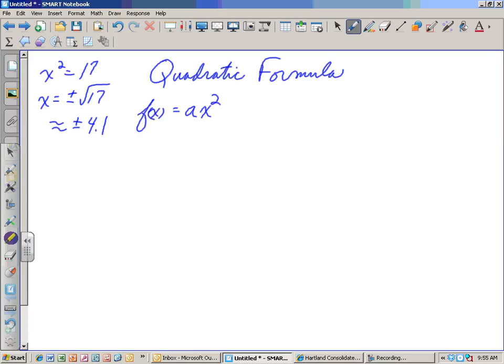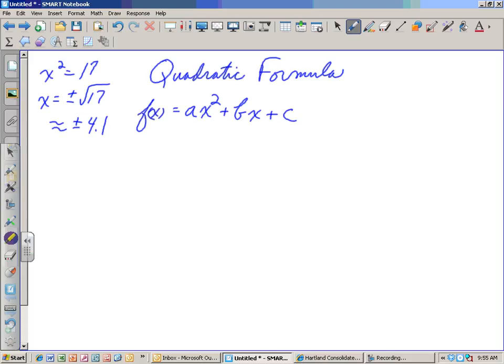X squared plus bx equals c. No. Plus c. Plus equals. Okay. If you want to find zeros, you put in a 0 for f of x or a 0 for y. It's important, and I told you this before when we did the completing the square, it's important to know what's your A, what's your B, and what's your C.